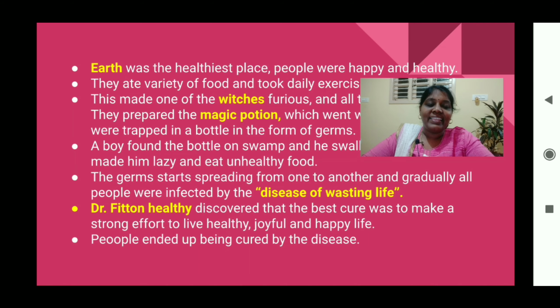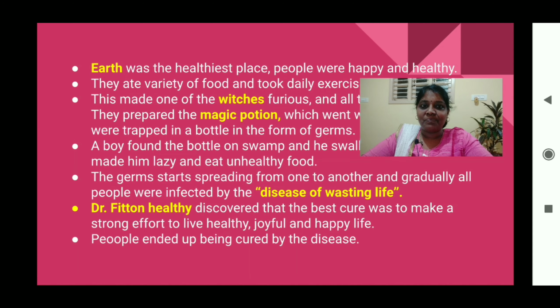Dr. Fit on Healthy discovered this disease, and he suggested the best cure. What was that cure? It was to make a strong effort to live a healthy, joyful and happy life. People ended up being cured of the disease. This was the summary of this lesson.